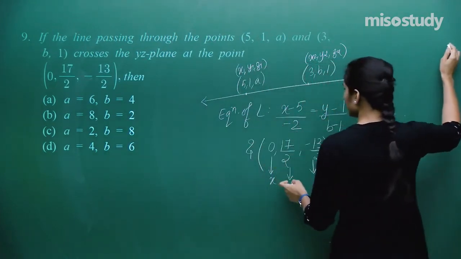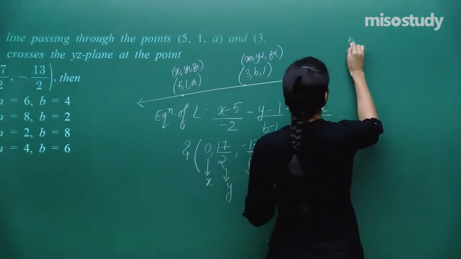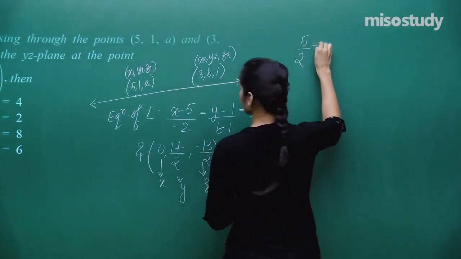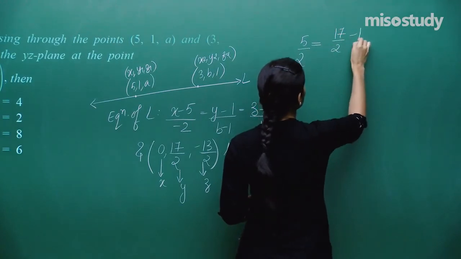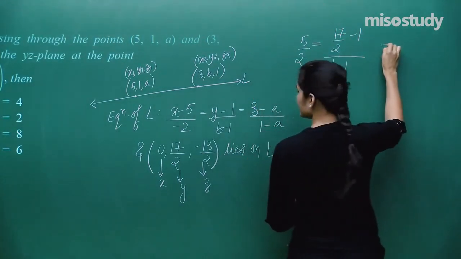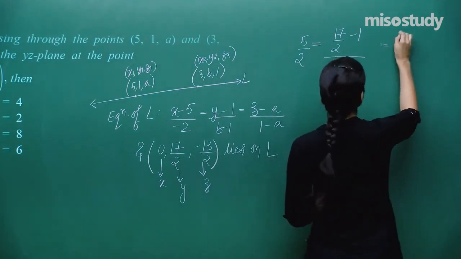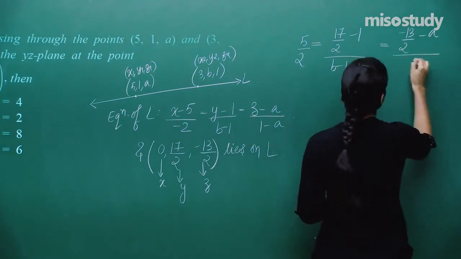And so, I get (0 minus 5) by minus 2, this gives you 5 by 2, is equal to (y minus 1) upon (b minus 1), is equal to z, which is minus 13 by 2, minus a upon 1 minus a.